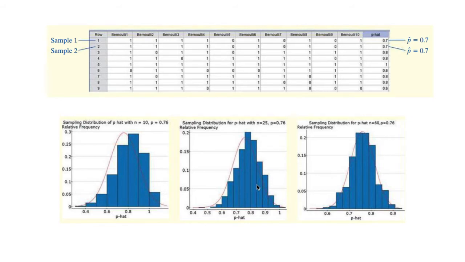And it's still bell-shaped. And then notice if we increase to 50 columns and 100 rows, compute our p hats, notice we get something that looks like this. So notice that these all appear to be centered at 0.76 across the board for the 3 different sample sizes, okay? And notice that the spread, the width of this histogram, is getting smaller as the sample size increases.